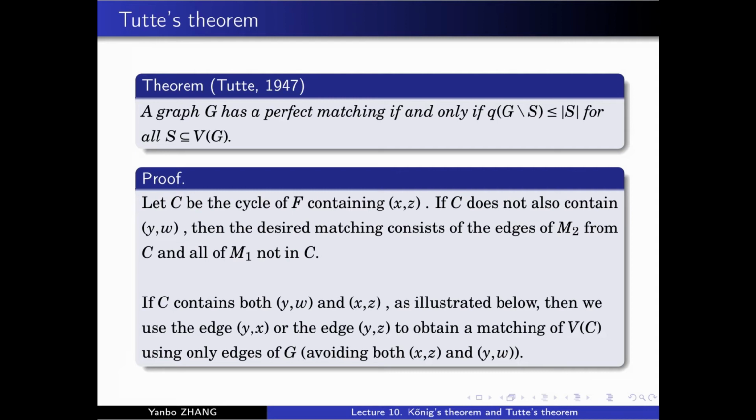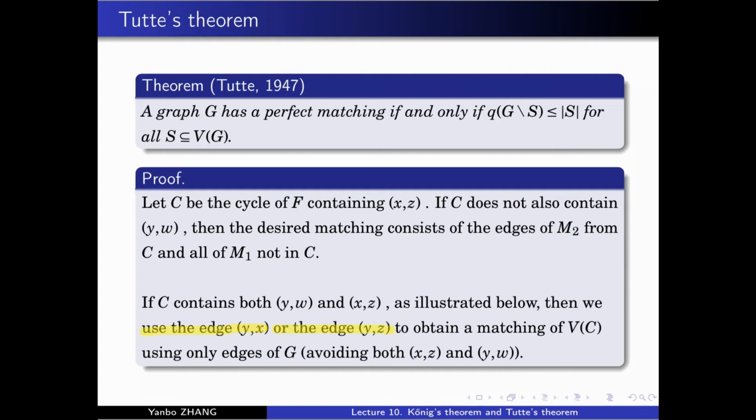If a cycle C contains both yw and xz, then we can also obtain a matching of V(C) using only edges of G. That means avoiding both xz and yw. We will find such a matching using the edge xy or the edge yz.